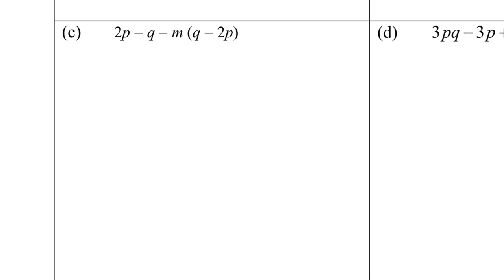And in this case, I see a 2p minus q. I also see a minus and q minus 2p. So this example is pretty easy to do because I do see 2p minus q.